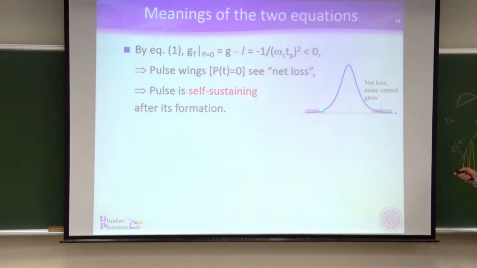Think about this. If both pulse wings see net loss, whenever there is some noise, it will not get amplified and eventually disturb your pulse. It will be attenuated by this net loss.